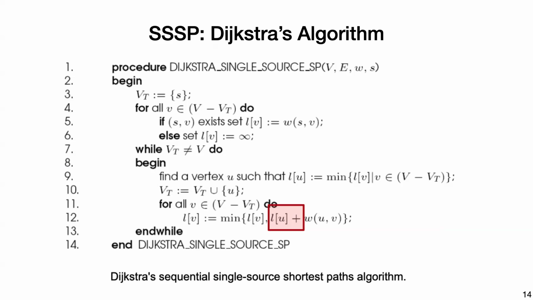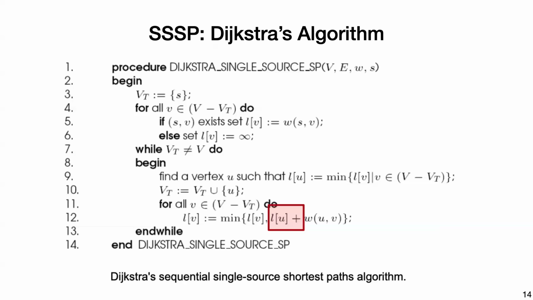And then the main outer loop is also the same. For every vertex, you find the minimum vertex over all the things currently not yet marked. You take it in, and you add it into the set of vertices currently under consideration.